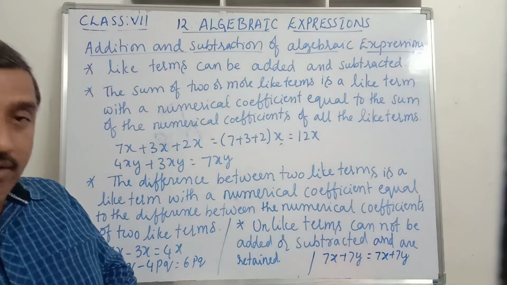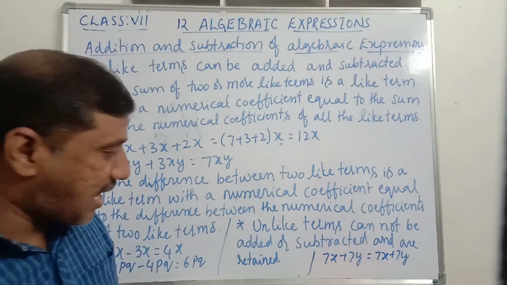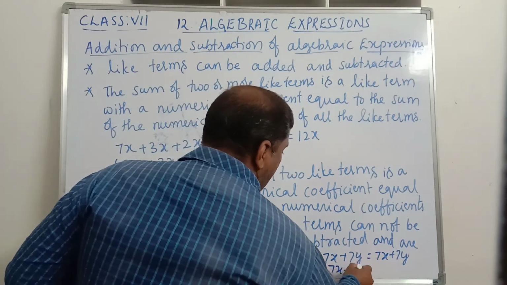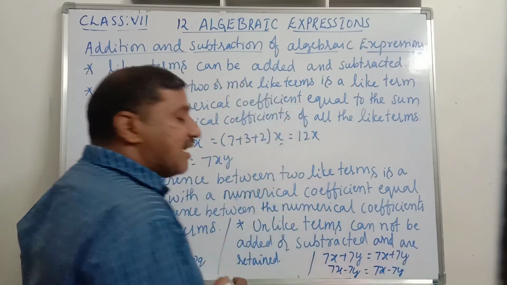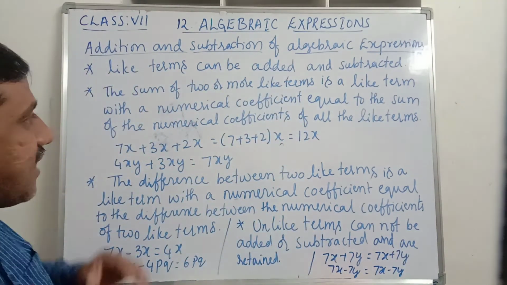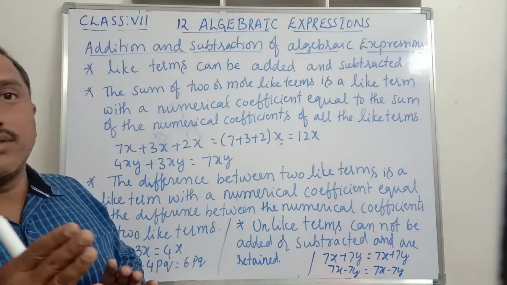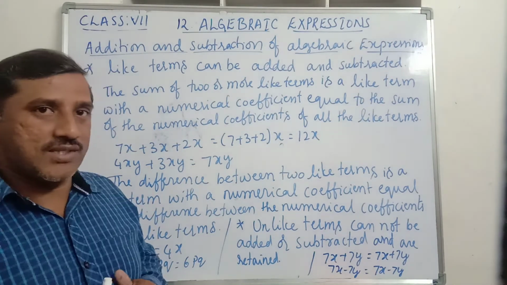Unlike terms cannot be subtracted either. Take 7x minus 7y. Again we cannot subtract, so we get the same 7x minus 7y itself. Is it clear, children, how like terms are added and subtracted, and what about unlike terms? Clear?